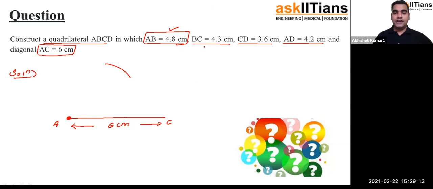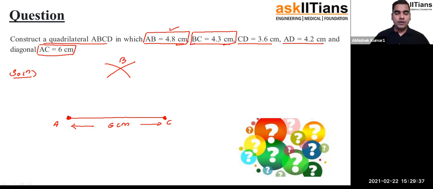After that, assume C to be the center and mark an arc whose length is equal to BC, so an arc of length equal to 4.3 centimeter. And you will observe that both the arcs cut each other at one point, and you are going to call that point B.